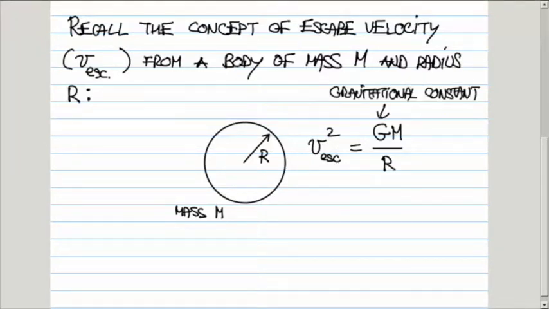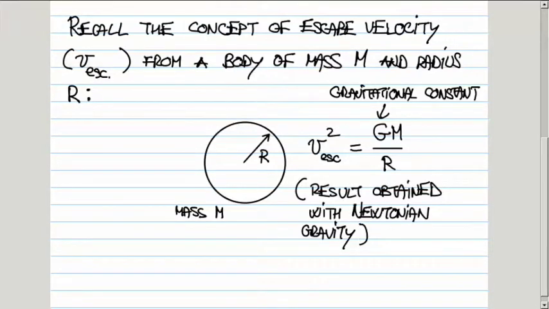This particular result is obtained with the Newtonian theory of gravity, and any first-year physics student can actually get this result from the conservation of energy by saying that the kinetic energy of a moving body that is associated with its speed plus its gravitational potential energy is constant. It cannot change.